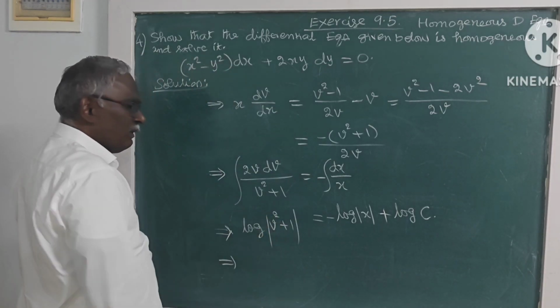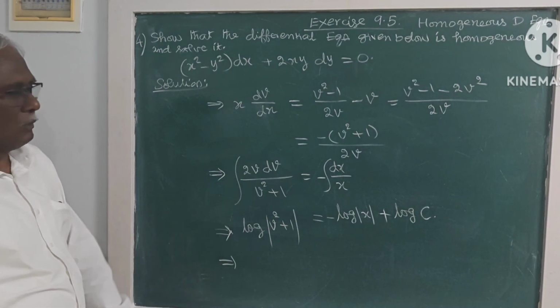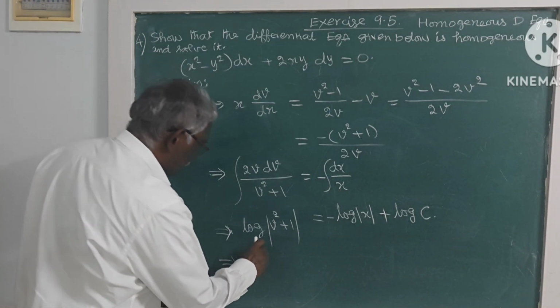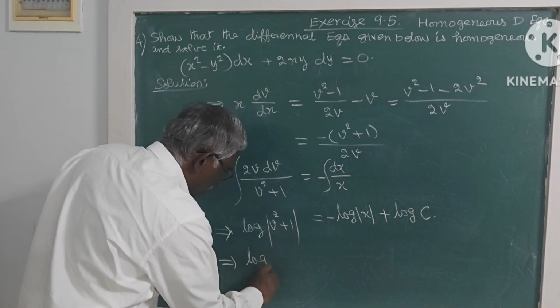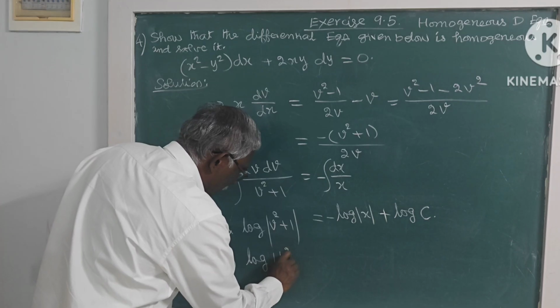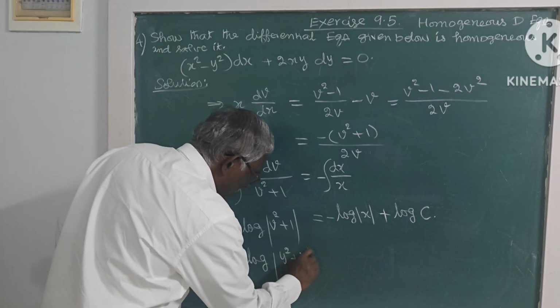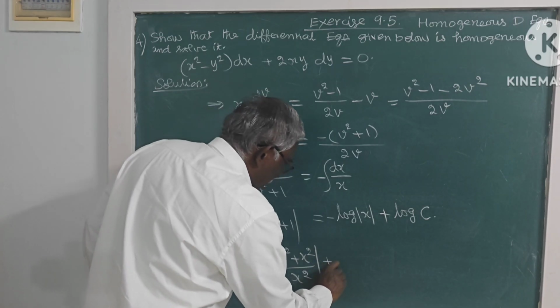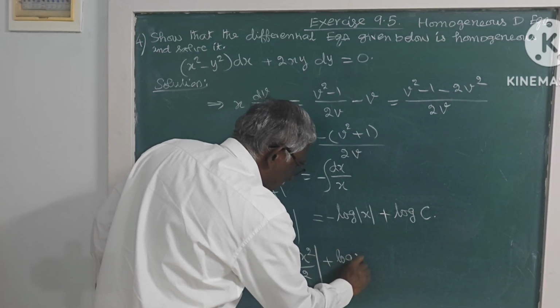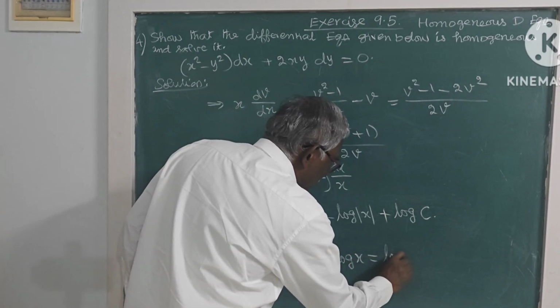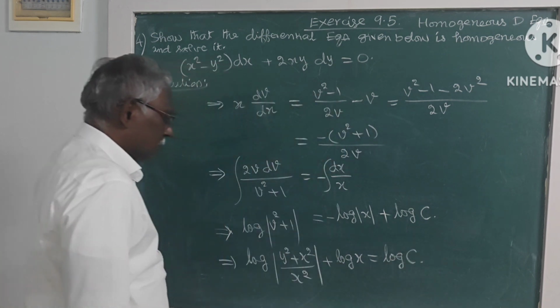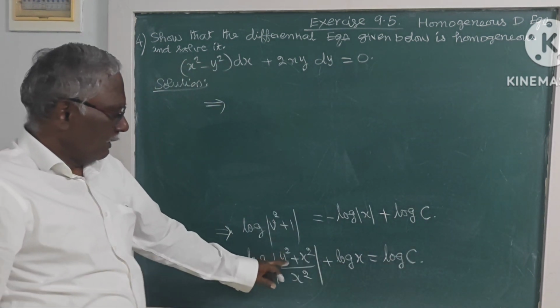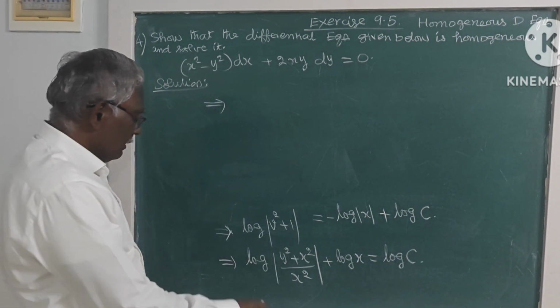But what is v? v is nothing but y by x. So log of y square plus x square by x square plus log x is equal to log c. Log m plus log n is log mn.